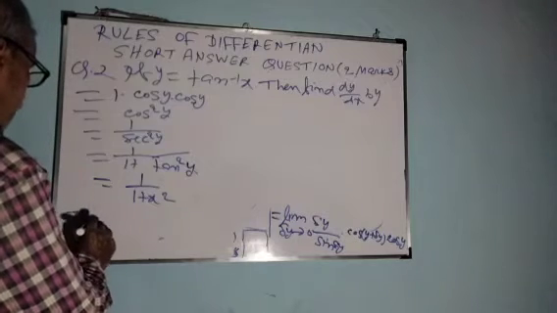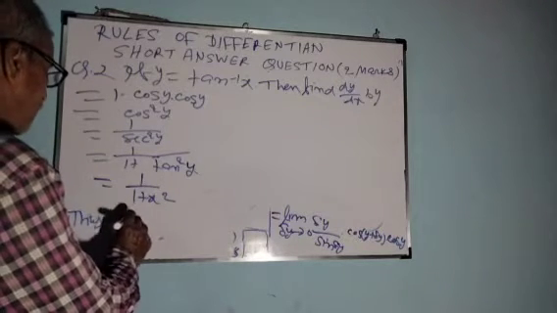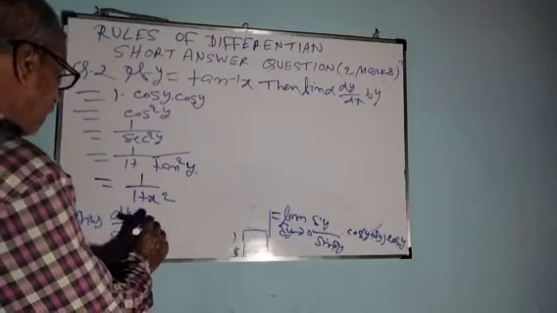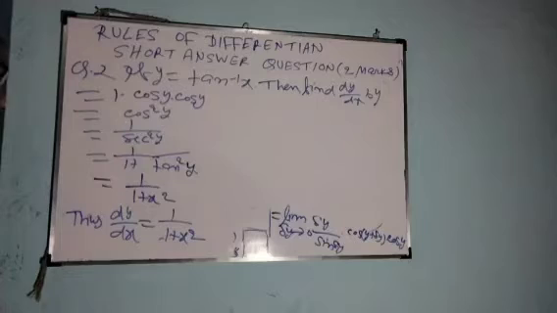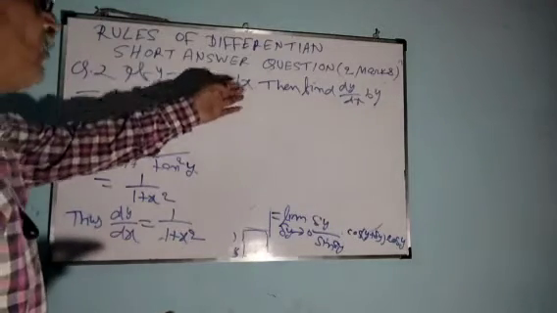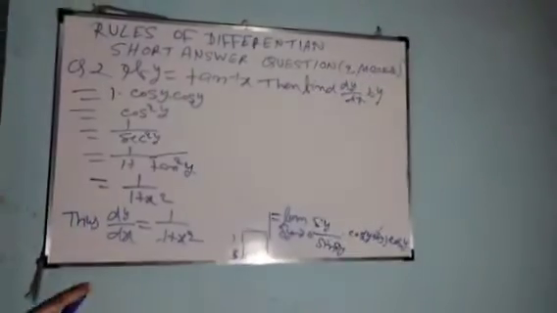Thus, dy by dx is equal to 1 by 1 plus x square. This is the required derivative of the function y equal to tan inverse x by first principle or by definition.